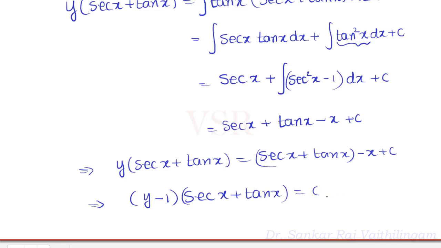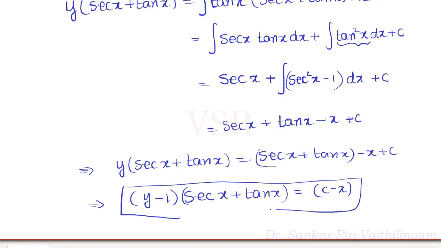So this is my solution. அப்போ solution வந்து y minus 1 times secant x plus tan x, which is equal to c minus x. Okay, this is my solution.